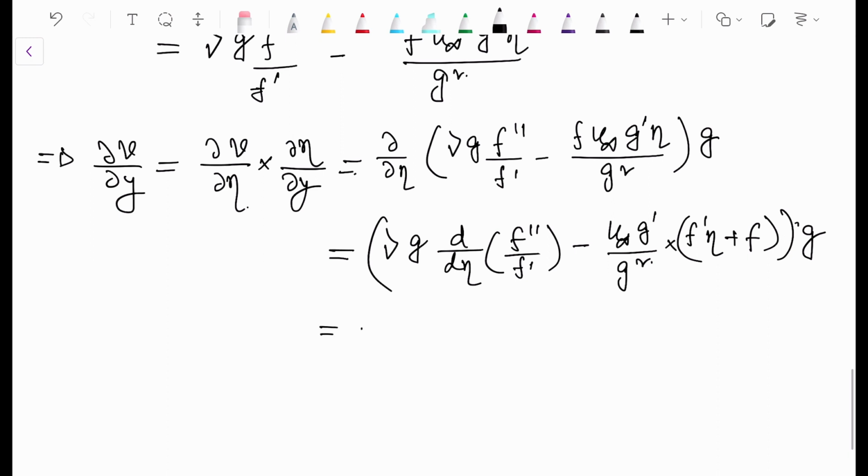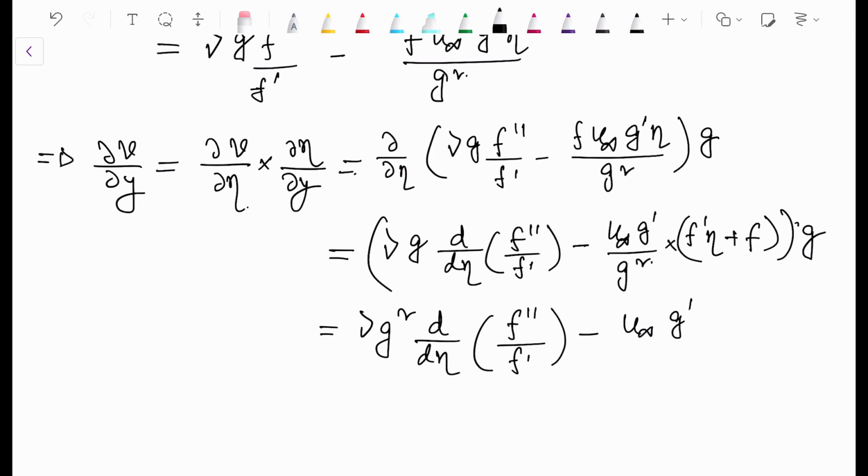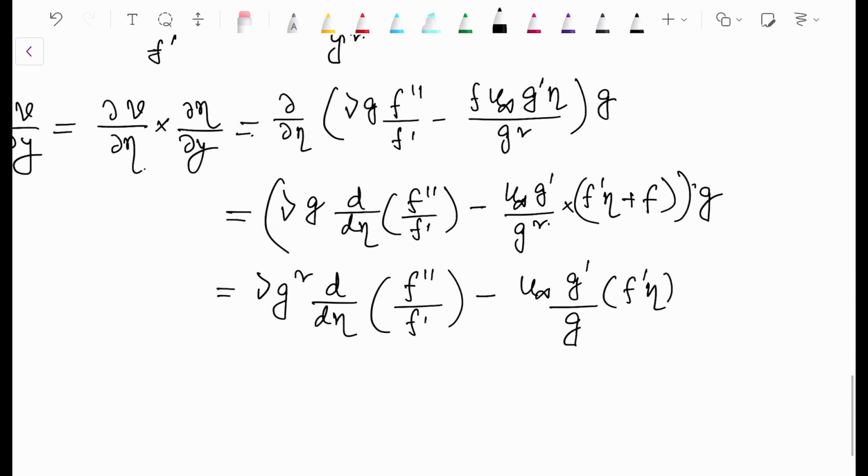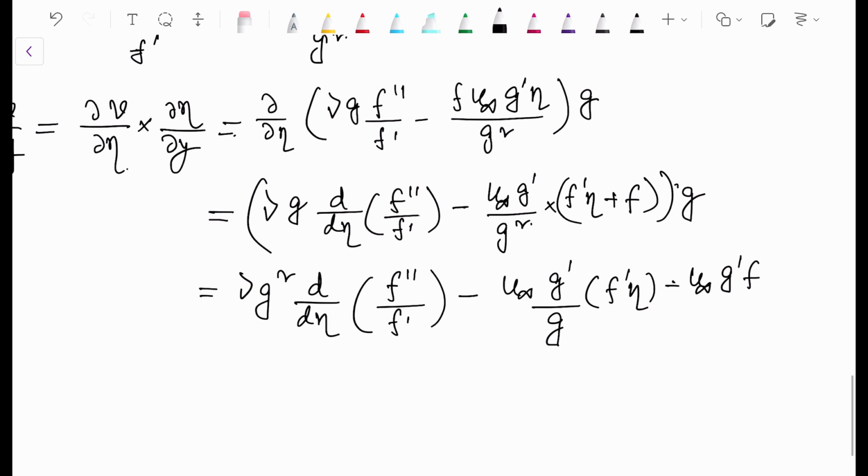So that will be eta g square d d eta of f double dash by f dash, minus u infinity g dash, one g will cancel out, so this will be g, then f dash eta, plus, minus u infinity g dash f, and by g.